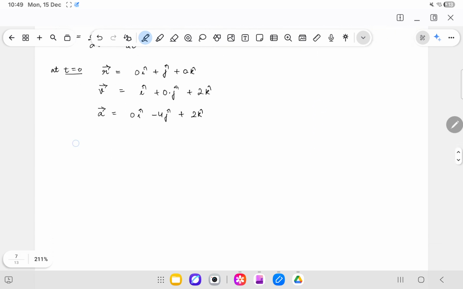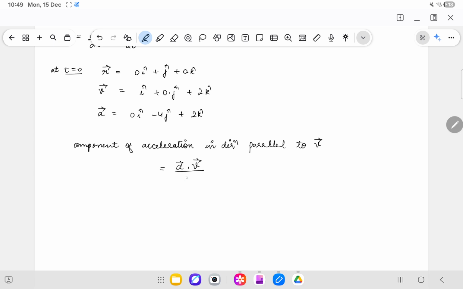So the component of acceleration in the direction parallel to the velocity vector will be given by a vector dot v vector divided by the absolute value of v vector times v cap.